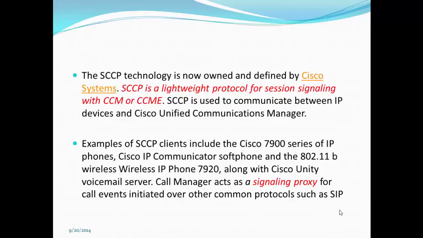Examples of Skinny clients include the Cisco 7900 series of IP phones, Cisco IP Communicator, and the 802.11b wireless IP phone 7920, along with the Cisco Unity voice server. Call Manager acts as a signaling proxy for call events initiated over common protocols such as SIP.